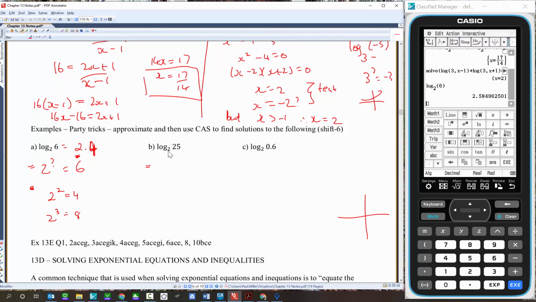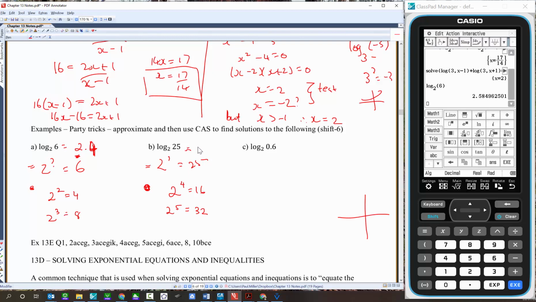All right, 2 raised to what power will give me 25 as an answer? Well, let's go 2 to the, all right, what's 2 to the 4? It's equal to 16. 2 to the 5, it's 32. Where does 25 sit in relation? It's 9 away from that, 7 away from that. I think it leans more to the 32 than it does to the 16. So the answer has to be between 4 and 5.